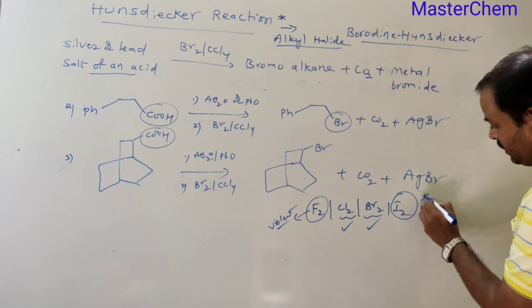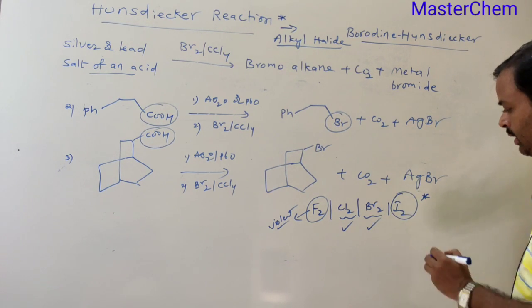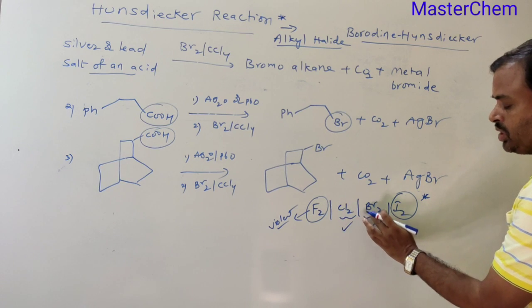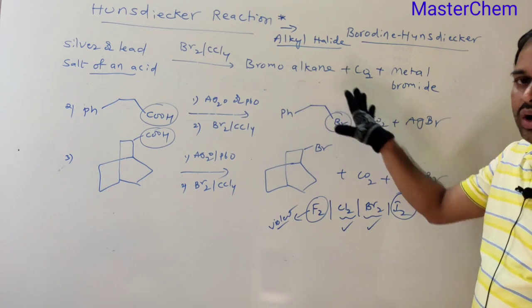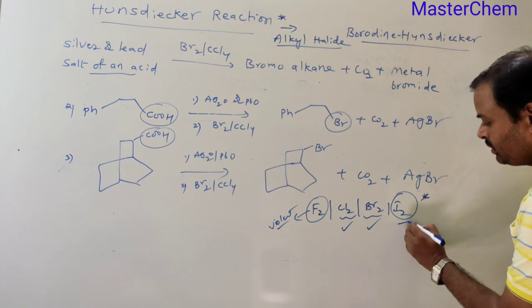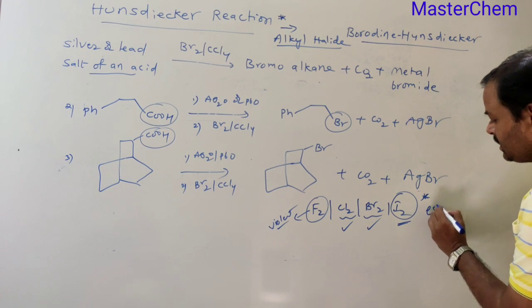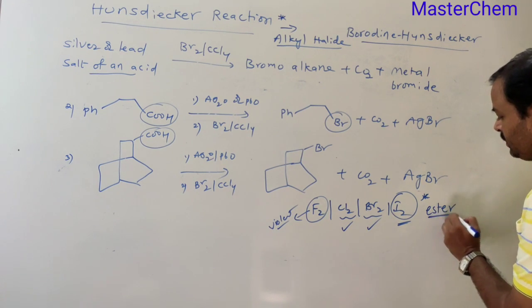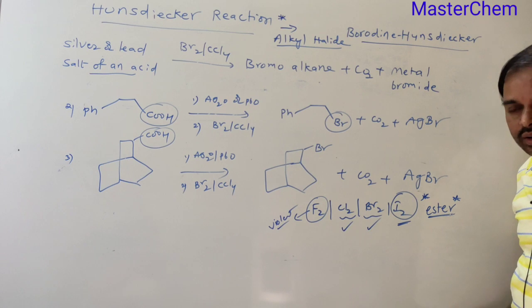What about iodination is an important point here. By chlorination and bromination, haloalkane will be formed, but with iodination, ester will be formed. This is important here.